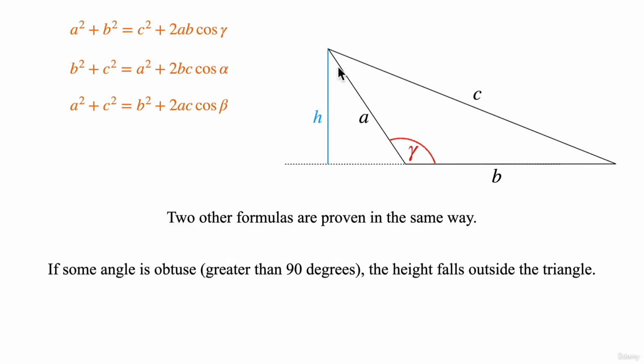And you see that if our gamma is obtuse, this longest side will obviously be larger than it would be if our triangle was right. Then we would have A, let's say here, and this C would be shorter than in the case of obtuse angle.